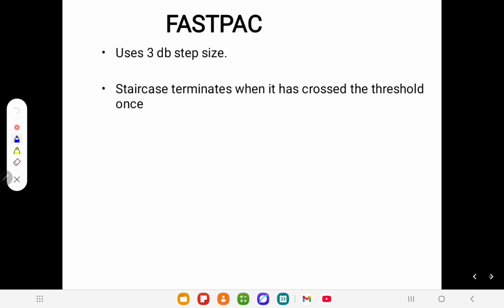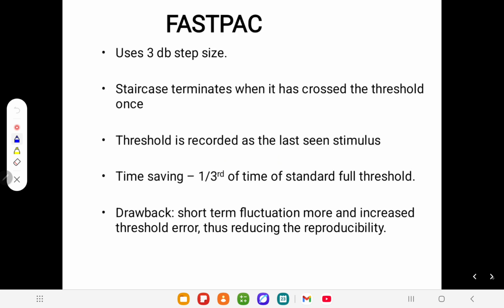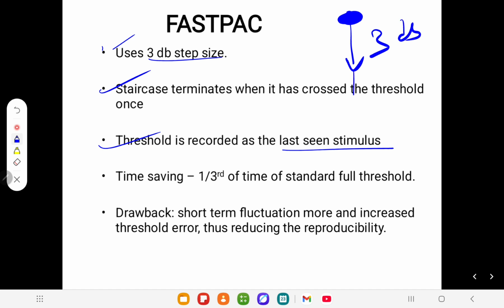So Fastpac, what is Fastpac? Its name itself says it, isn't it? Fast. It uses 3 decibel steps. The staircase terminates when it crosses the threshold, meaning the threshold is recorded at the last seen stimulus. Suppose this point is seen, you reduce by 3 decibel, and again seen, you reduce by 3 decibel.